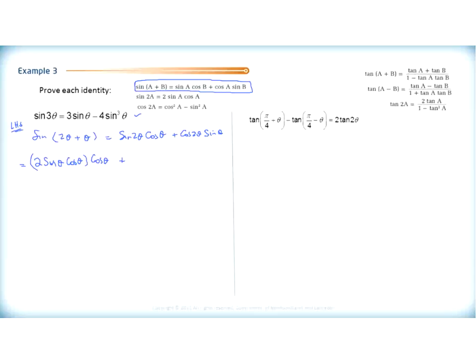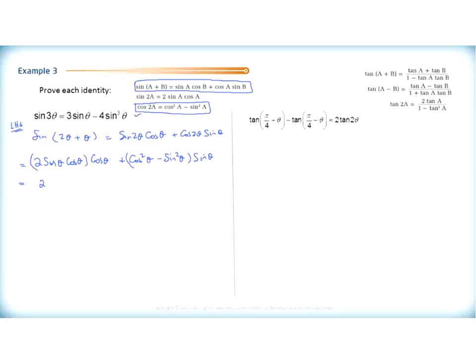I've got three options again for cosine 2 theta, but I've given you the option that I'm going to use right here. Cosine 2a is equal to cosine squared minus sine squared. Let's see if that works. Cosine squared theta minus sine squared theta. Don't forget that's multiplied by sine theta. Looks like a bit of a mess, but I think it's going to work well for us.